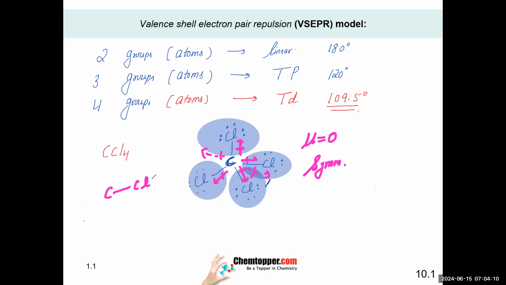So these types of questions are there. They will give you a few molecules and they will ask you to pick up a molecule which is non-polar, meaning symmetrical, but its chemical bonds are polar. So this is one of the examples. There are many such examples. So are we clear about four groups? Tetrahedral.